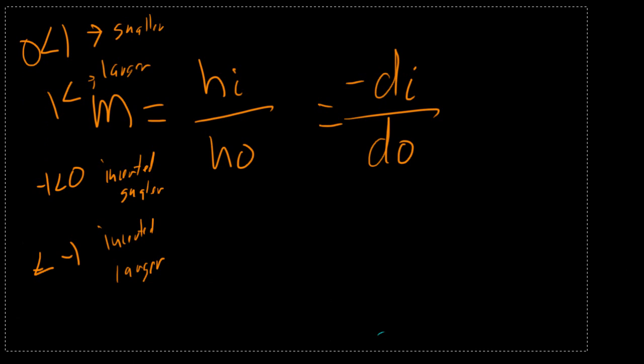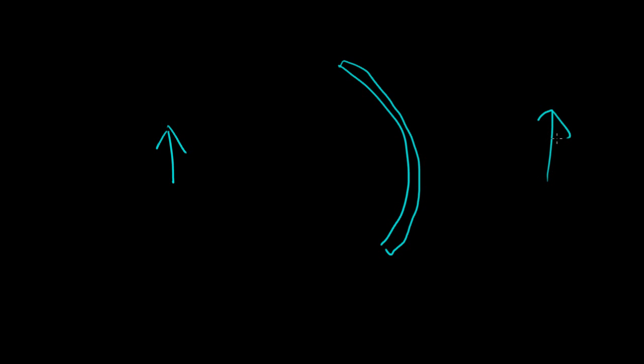The tricky thing, and it's not that tricky, it's just you have to remember this: in certain cases, here's your concave mirror, here's your object. Sometimes the image will be over here somewhere. Okay, so here would be your do, your distance to the object, and here would be your di, your distance to the image.